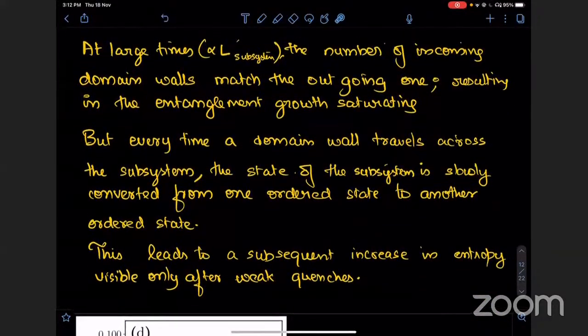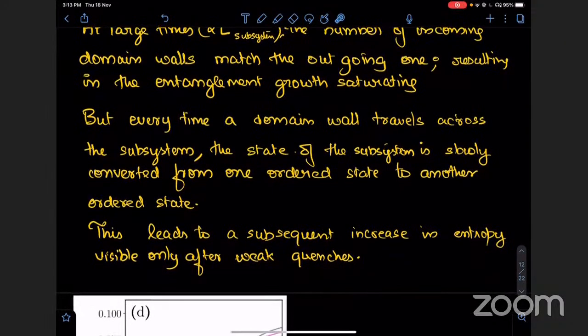Okay. However, and this is true in most systems, if you look at a weak quench, and if a system is starting from an ordered phase, and the quasi-particles are domain wall-like, then every time a domain wall crosses the system from one side to the other, there is a tiny amplitude for the system to be in an oppositely ordered phase.